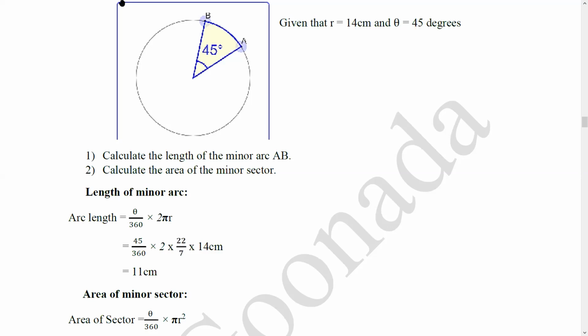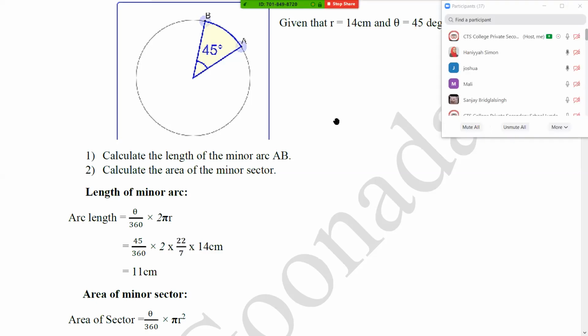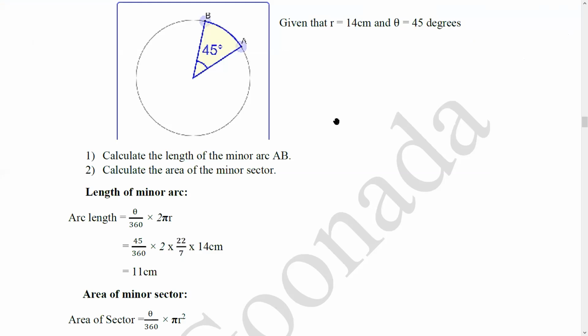I get 77. I don't know how to get points. It's probably how we work it out, but give me a second. I'll work it out.